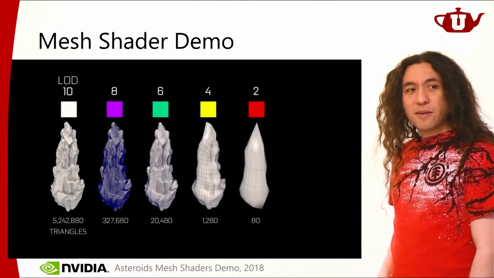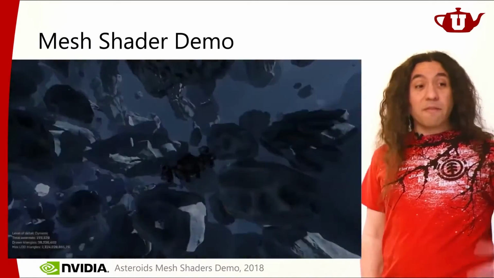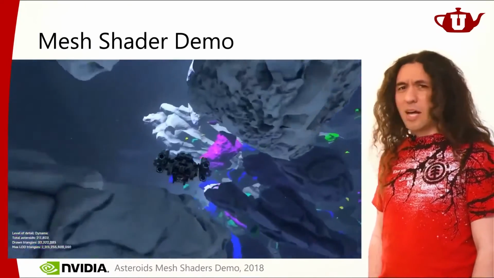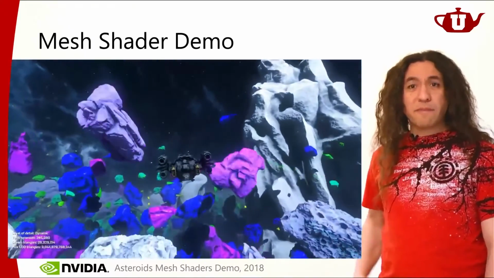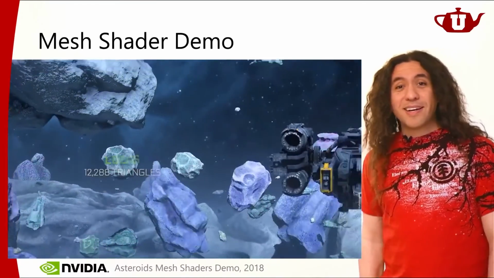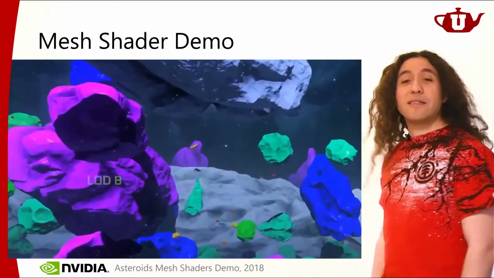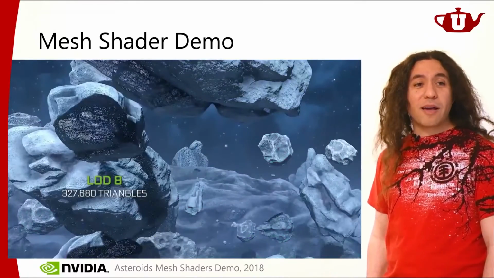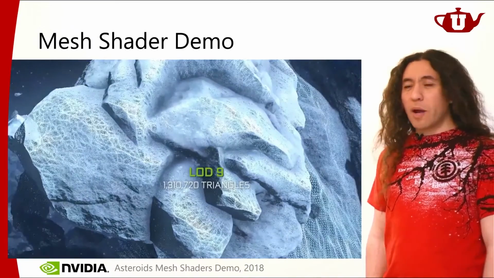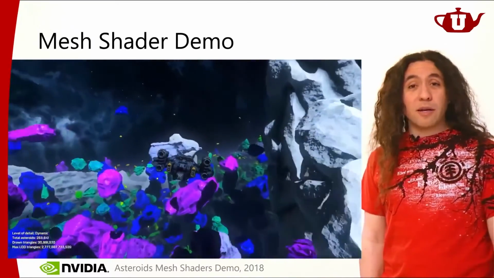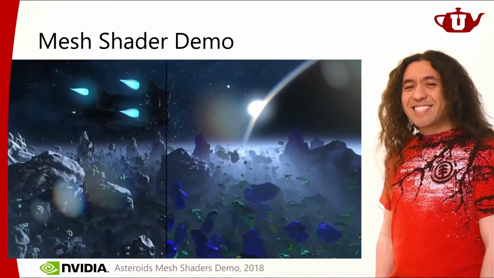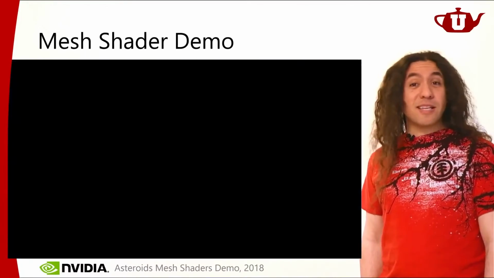So these are different levels, very much like tessellation, but this is drawing with mesh shaders. It's not using tessellation shaders at all, but I have different tessellation versions of these asteroids, and it's rendering them at different resolutions based on where they are on the screen. So you basically can't really tell the difference, and this way we are able to render an absolutely massive scene. Actually, this scene is generated with instancing.